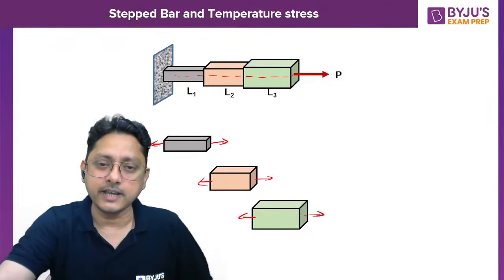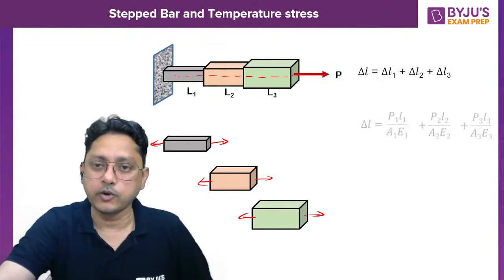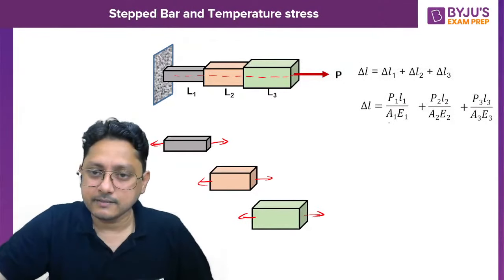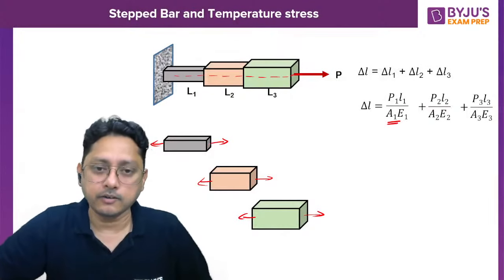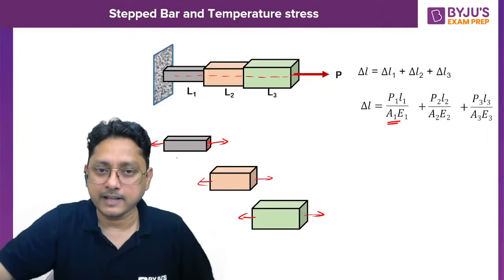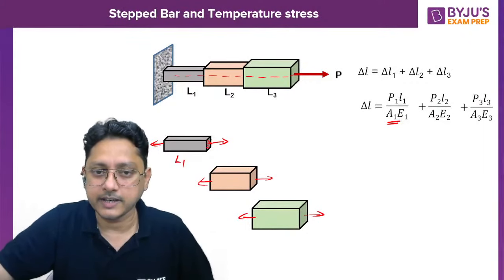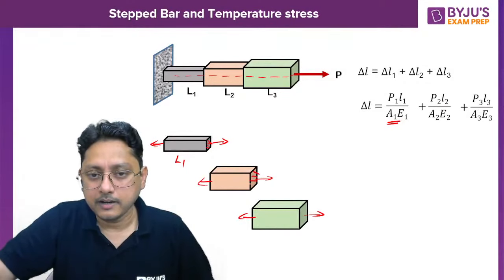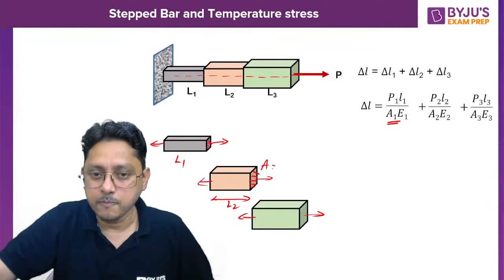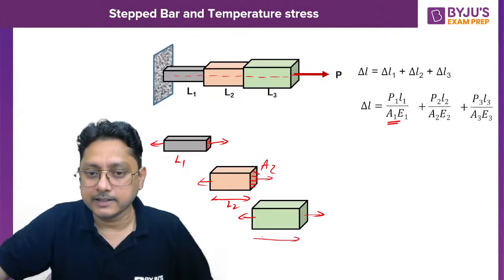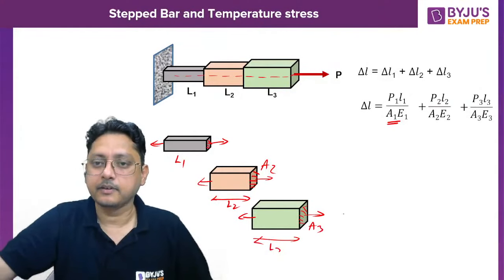If the cross-sectional area is varying, of course, once again you will use the same formula by putting in the corresponding cross-sectional area. For this bar it has maybe length L1 and cross-sectional area A1. For this bar the length is maybe L2 and the cross-sectional area is A2, and for this bar the length is maybe L3 and the cross-sectional area is A3.